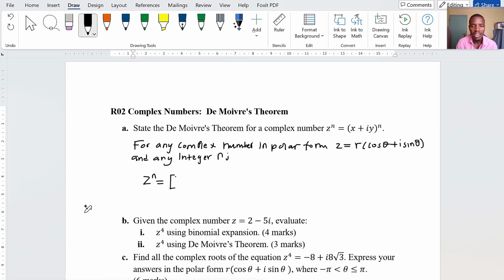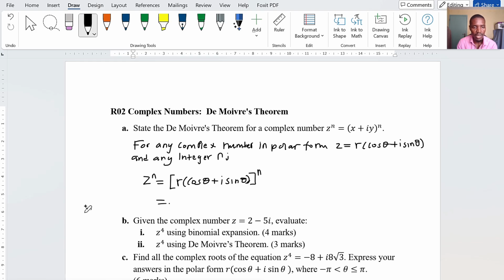So Z power n will be R into bracket cos theta plus I sin theta, close the bracket for the inner one and the outer one, power n.